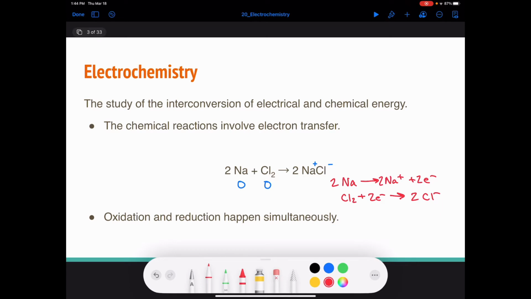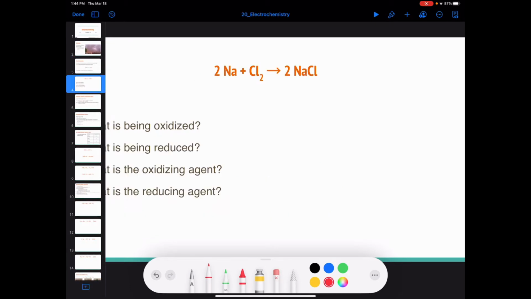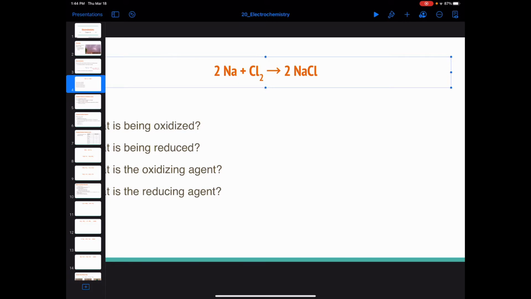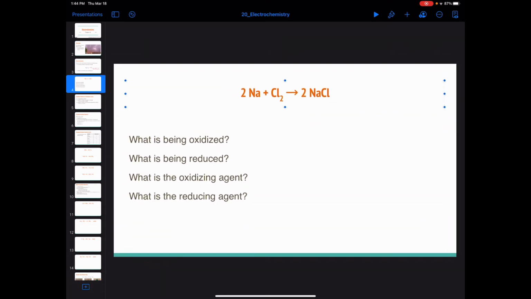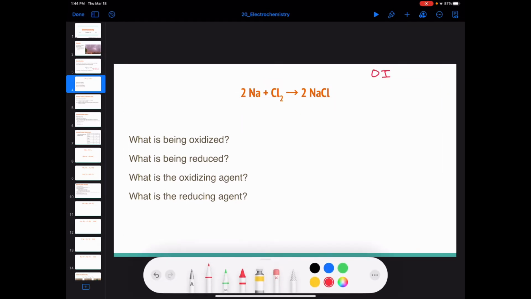Okay. And so here we have oxidation and reduction occurring. Now, what does that actually mean? Okay, well, there's a little acronym that you're probably familiar with, which is OIL RIG.